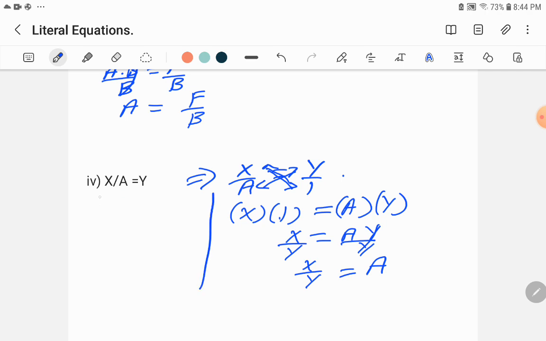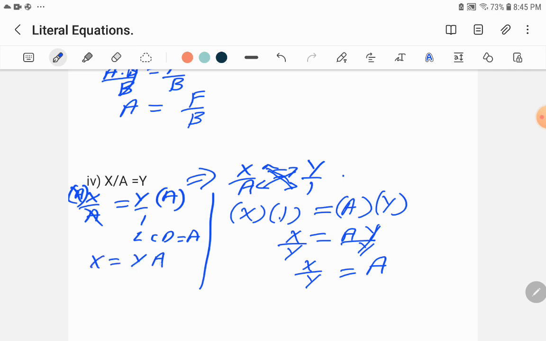The other way here, if we have x over a equal to y, we could say, well, the LCD is equal to a, and so multiply all terms by a. And here, a would cancel with a, leaving x equal to ya.